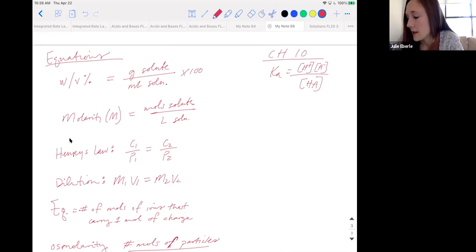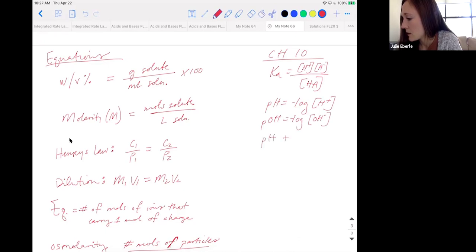We're going to get to this, so if your lecture is at 10:50, just hang tight. But this equation will have pH is the negative log of the concentration of H plus. pOH equals the negative log of the concentration of OH minus. Oh, one that I forgot. Hold on, one more real quick. pH plus pOH equals 14.